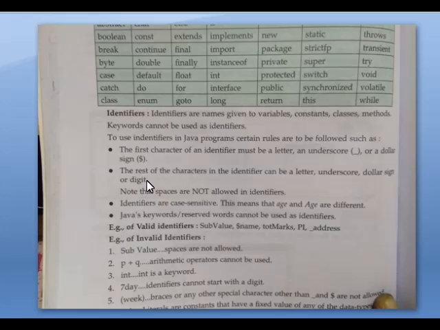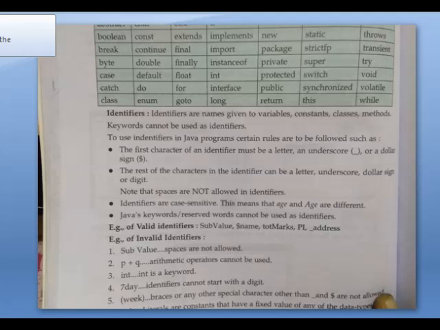The next point is that identifiers are case sensitive. This means that Age and age are different. Case sensitive means it will differentiate the uppercase characters and the lowercase characters. So Java is called a case sensitive language.